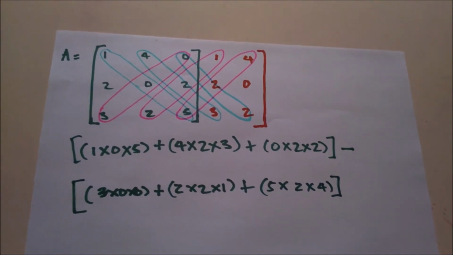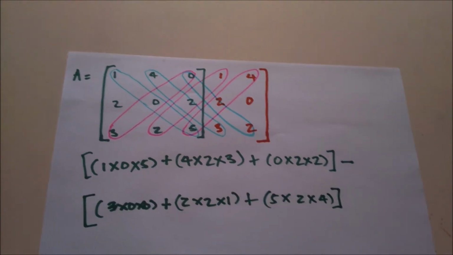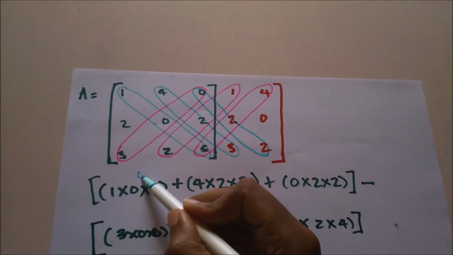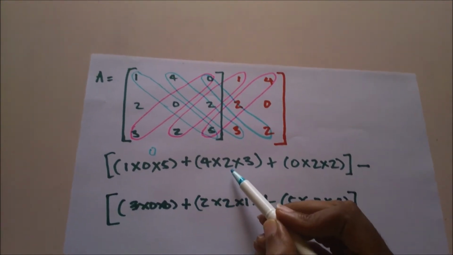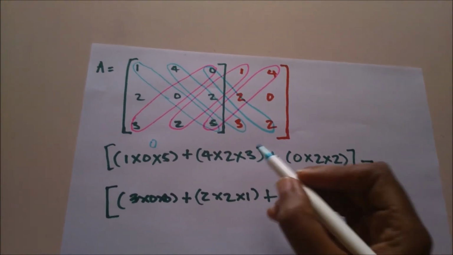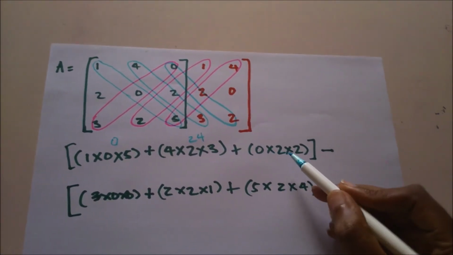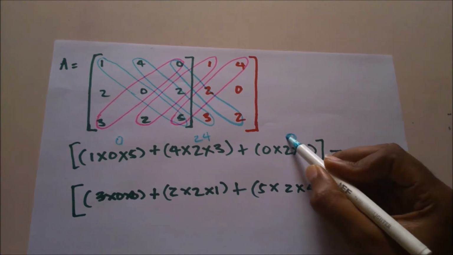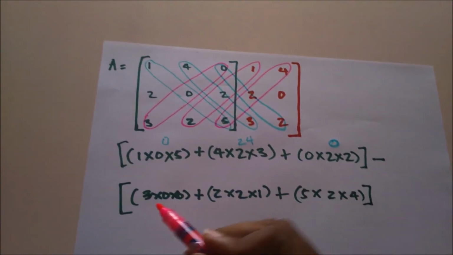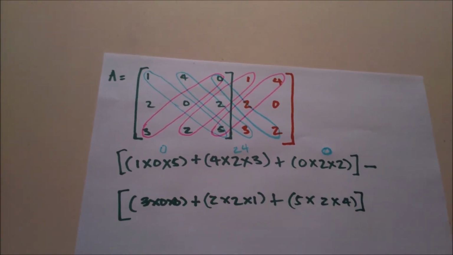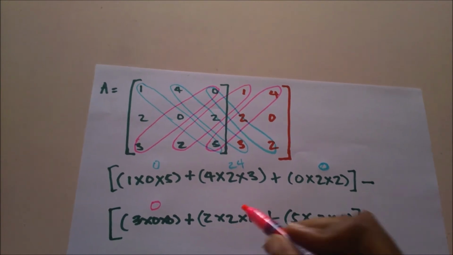So 1 times 0 times 5 is 0. 4 times 2 times 3, 24, and 0 times 2 times 2 is 0. Here we have 3 times 0 times 0, which is 0. 2 times 2 times 1, we have 4.